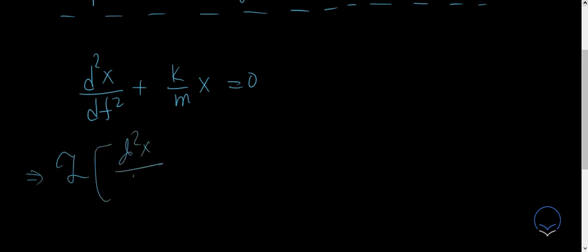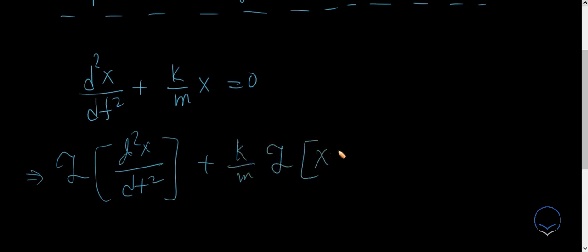This d squared x by dt squared. This k by m is a constant, so it will just be outside the Laplace transformation. k by m, Laplace transformation of x, right? And here you have 0. The Laplace transformation of 0 is just 0.